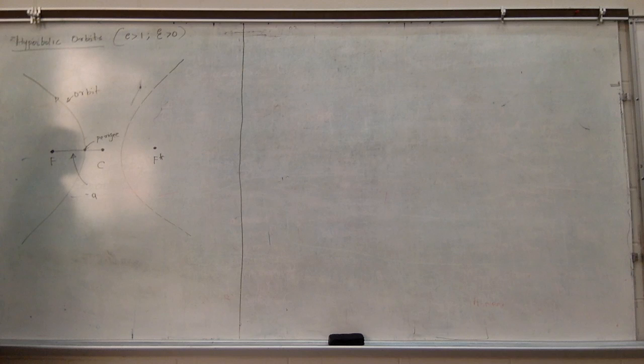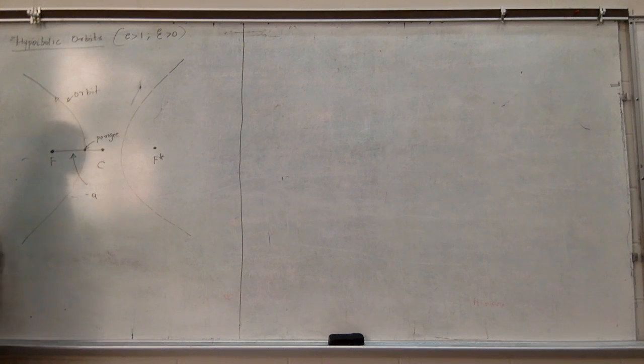Okay? So you have to keep in mind the energy eccentricity table. For closed orbits, the eccentricity is either equal to 0 or between 0 and 1, and the energy is negative. For parabolic orbits, the energy is 0, eccentricity is 1.